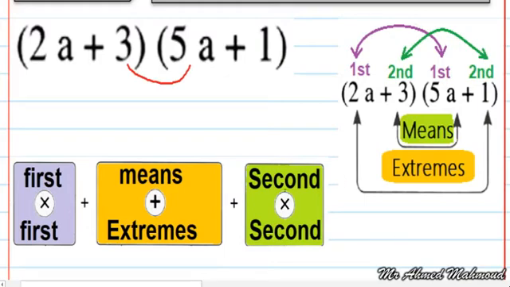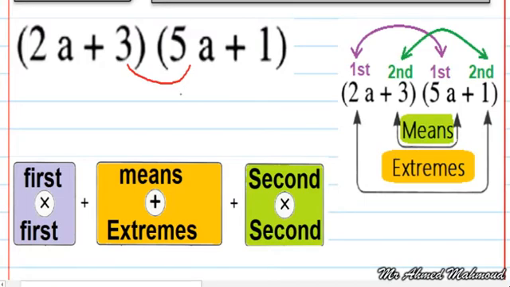And the last term is the product of the second by the second. And then for the middle term, we are going to multiply mean times mean and multiply extreme by extreme, and then we are going to add means plus extremes.